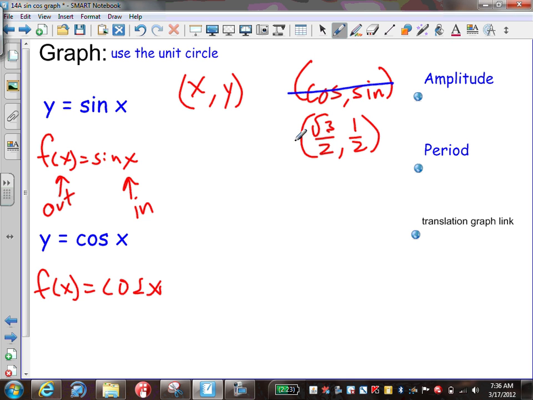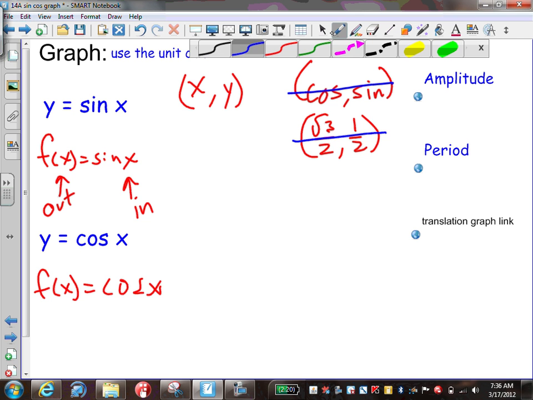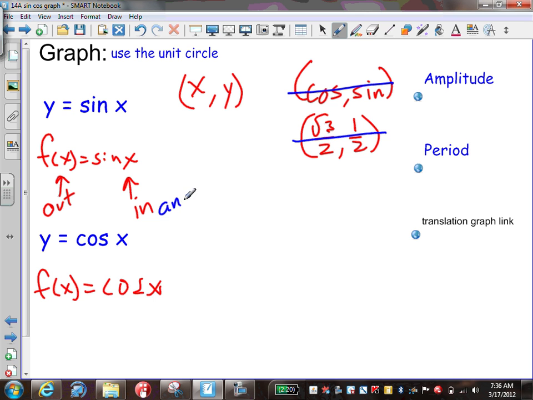We're going to use this information, but we're not going to write it as an ordered pair with respect to the unit circle. Instead, we're going to say, what is the input of sine of x? You were inputting an angle, and then out comes the sine function, or the vertical value. So I'm going to put vertical, just as a reminder.